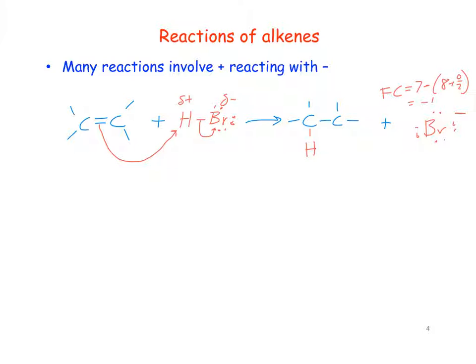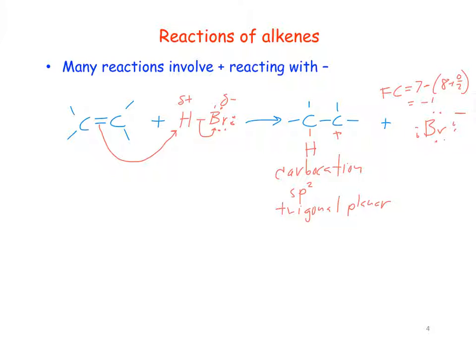And so carbon has to balance this out, so carbon is going to have a plus. This is called a carbocation. We already talked about before, back when we were talking about hybridization, that this carbocation is sp2 hybridized, and so it would be trigonal planar.